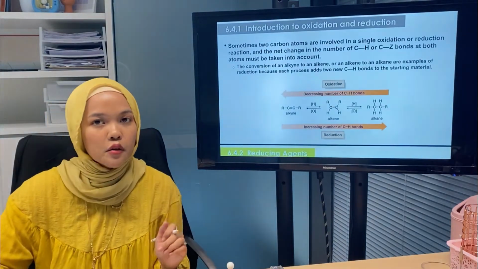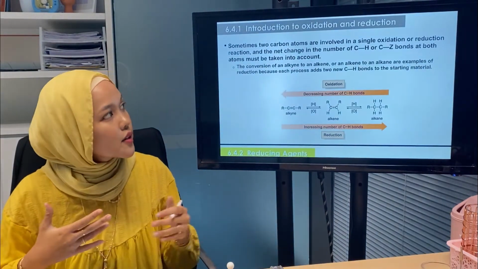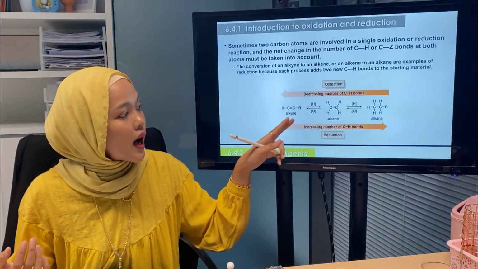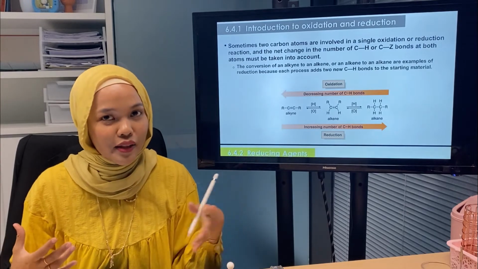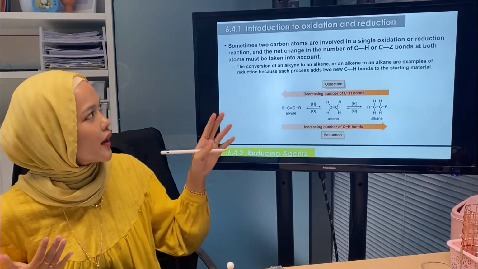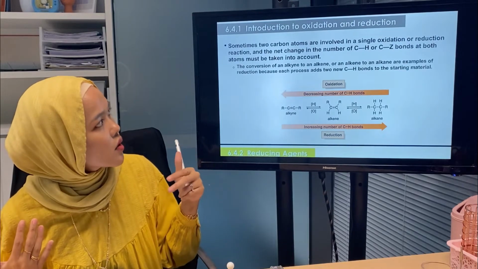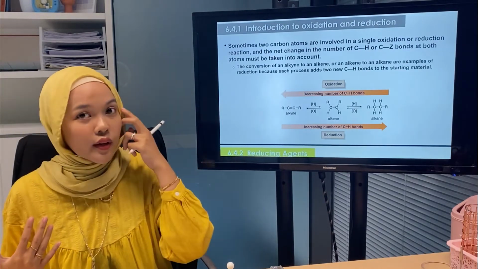Next, if you have a look at the concept of oxidation-reduction, why not we look into alkyne, alkene, and alkane, because we are talking about hydrocarbons, right? Sometimes two carbon atoms are involved in a single oxidation or reduction reaction.